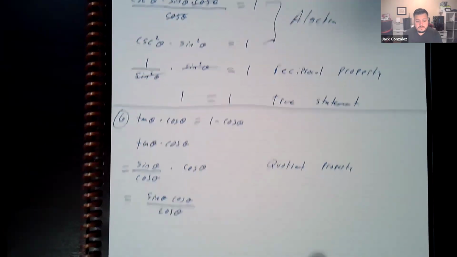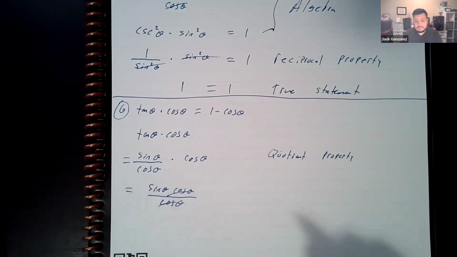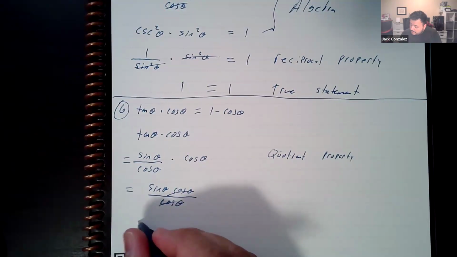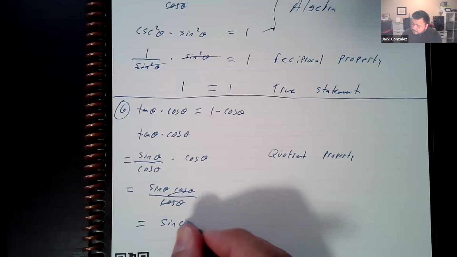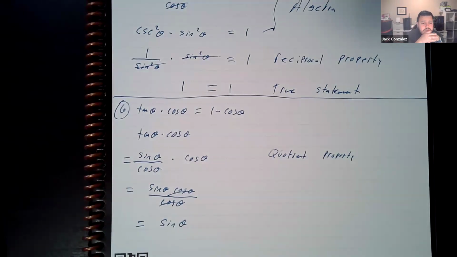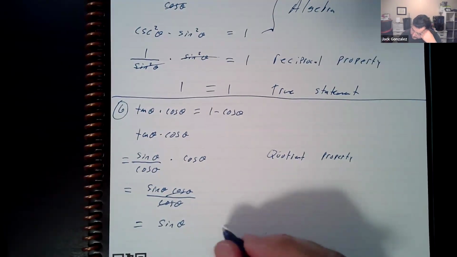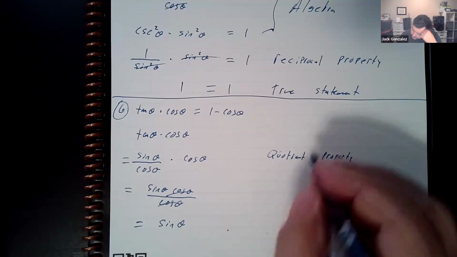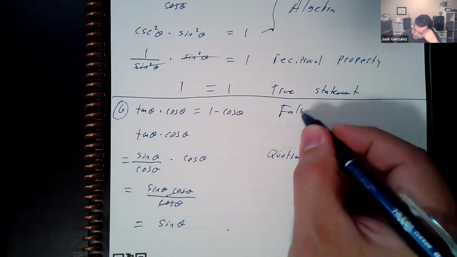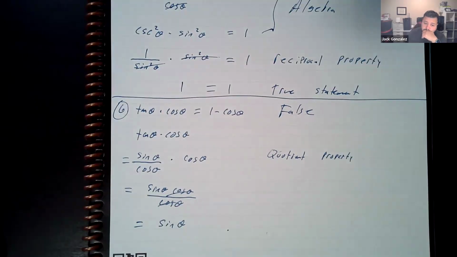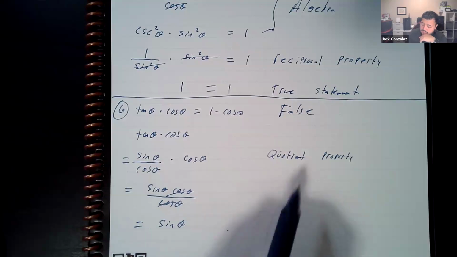If you want to cancel earlier, you can. That's okay. But now we end up with sine. There's no way sine is going to turn into 1 minus cosine, right? There's nothing we can do here. So this is false. There's no property that you can create to force this into this.